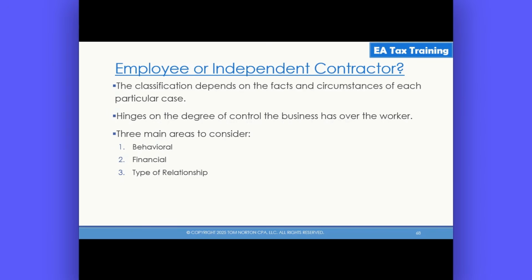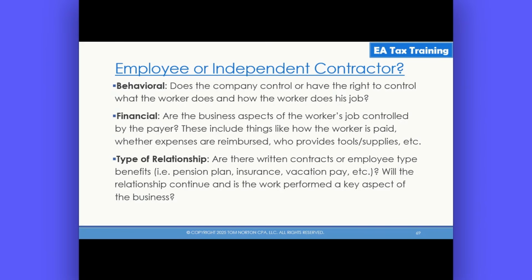The classification of being an independent contractor versus an employee is going to depend on the facts and circumstances of each case. It hinges on the degree of control the business has over the worker. And when we talk about the degree of control, we're going to look at three main areas: behavioral, financial, and the type of relationship.